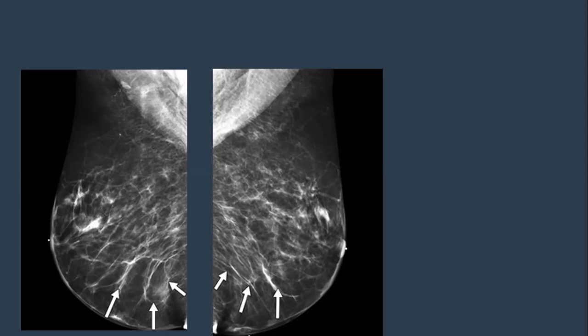What history would you like to ask about? Is she symptomatic? No, she has no symptoms. Is there any edema or generalized body edema? No, she's asymptomatic.